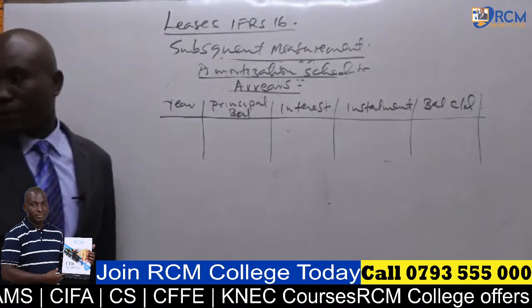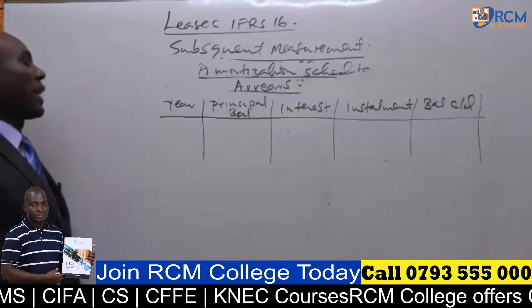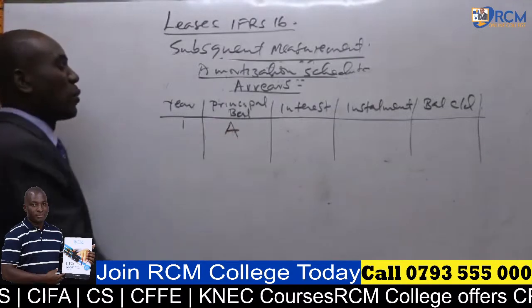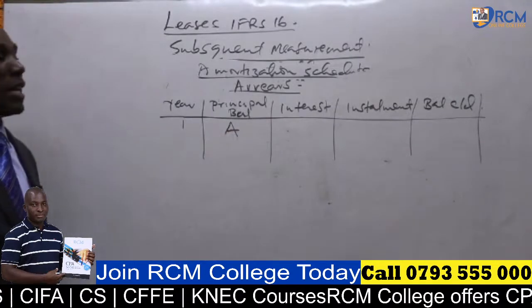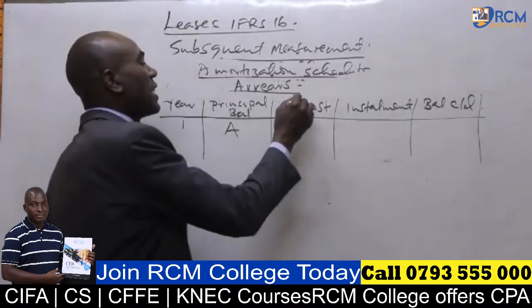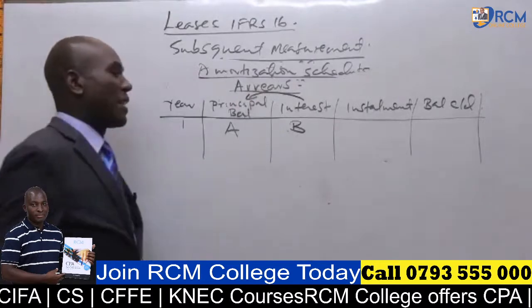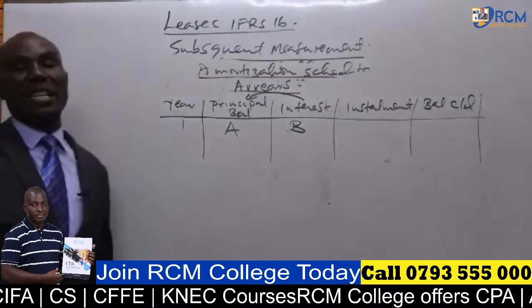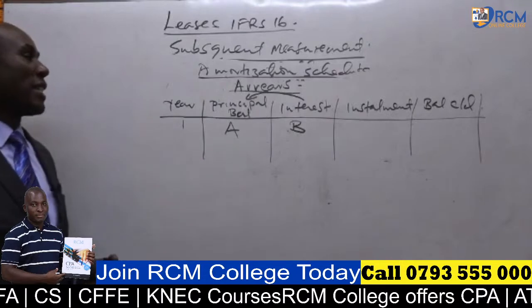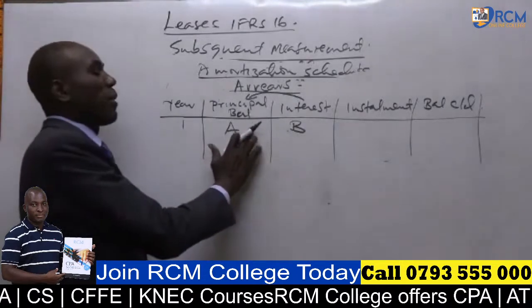Okay, like here in year 1, my principal balance, let me put A. Interest, let me put B. This interest we charge on this principal balance, the interest implicit in the lease. How much are we charging at the market rate? We charge it on the principal balance.